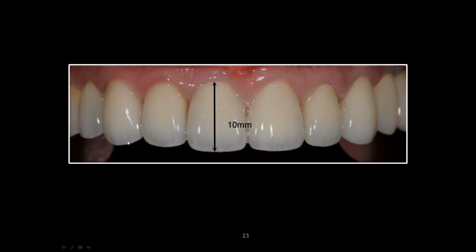Another clinical sign we need is the number for the central incisor length, which is 10 millimeters. It varies from 9 to 12 millimeters, depending on how it fits the face, but usually the average number is 10 millimeters.